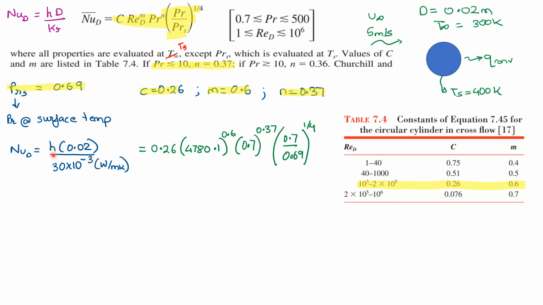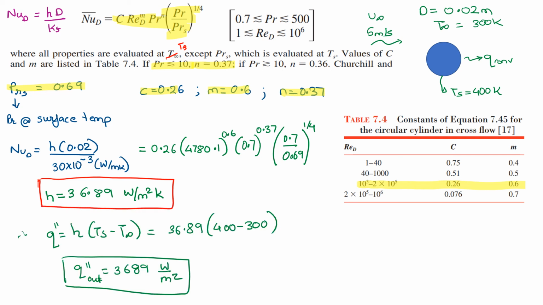We want to calculate our h so that we can calculate our heat transfer rate, heat flux. On solving this equation, we get our h as 36.89 watt per meter square Kelvin.